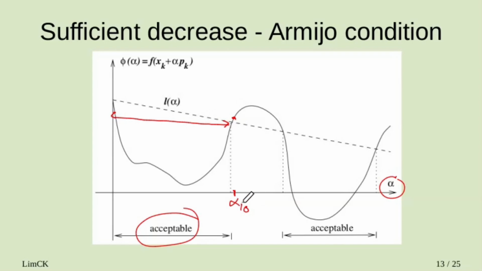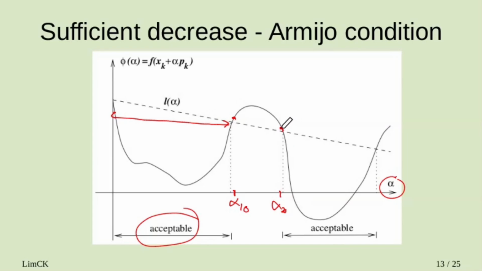When we move further, to here, you see we still have the same condition. The cost function that we get is still larger than the required condition, this line. So this alpha, let's say alpha 20, is still not acceptable.